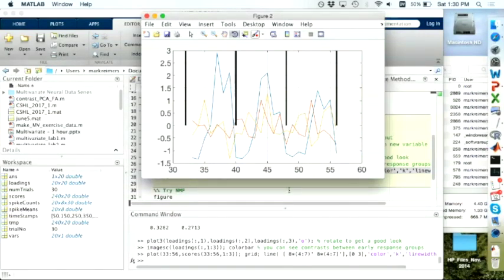So it looks like every time there's a stimulus presented at the black bar, we're getting some activity on principal components 2 and 3, but it's pretty hard to interpret. And then about 200 milliseconds later, we get some activity on principal component 1, which is therefore the sort of late responding group of neurons.